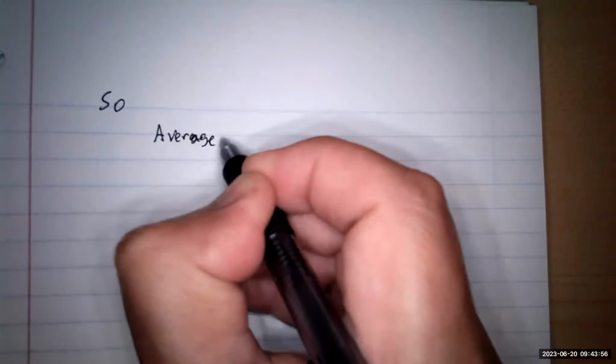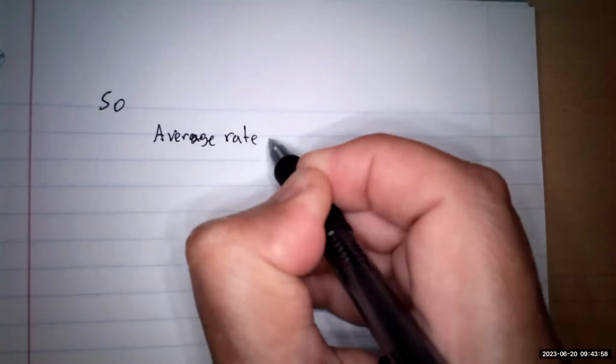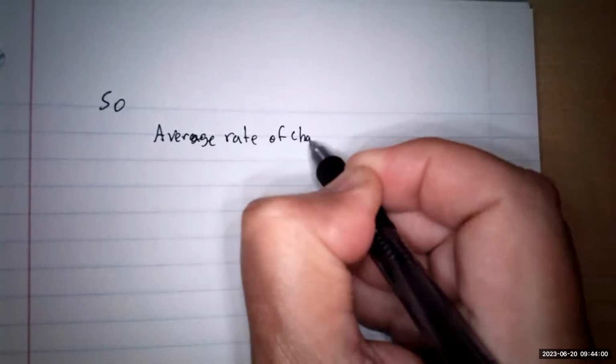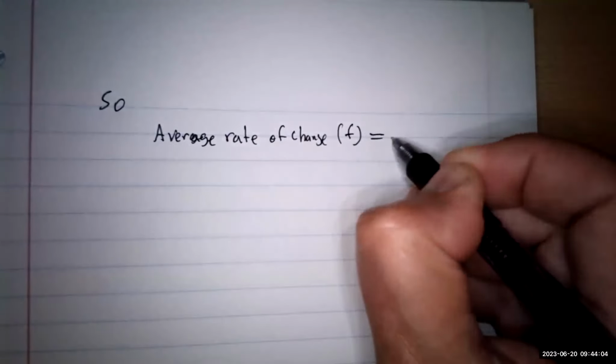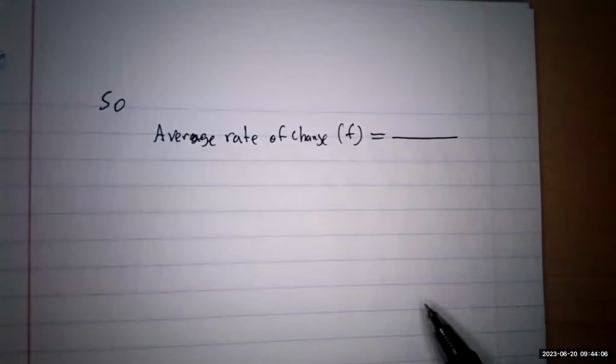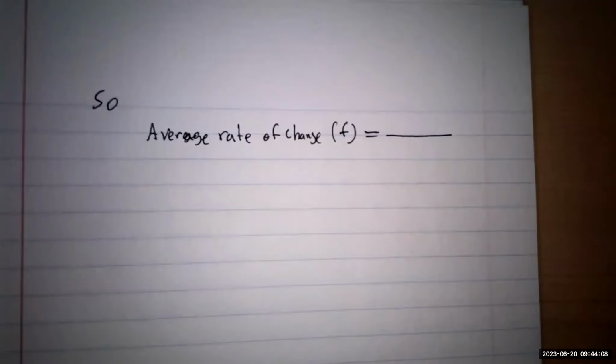So this is it, the average rate of change of f is equal to what? Remember the formula, f of X2 minus f of X1, divided by X2 minus X1.